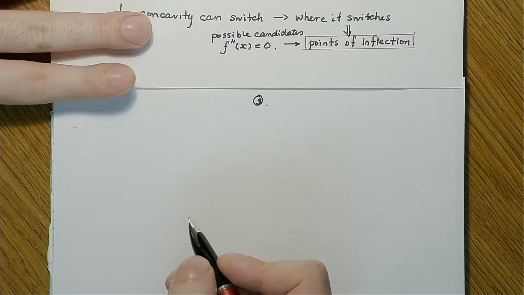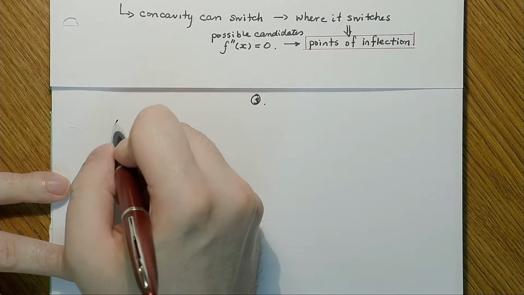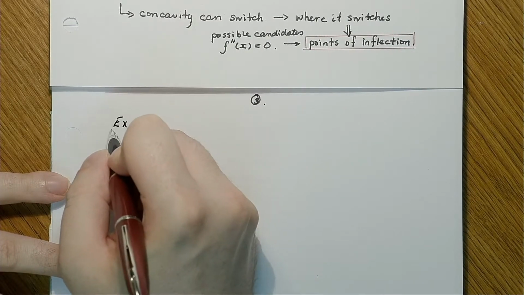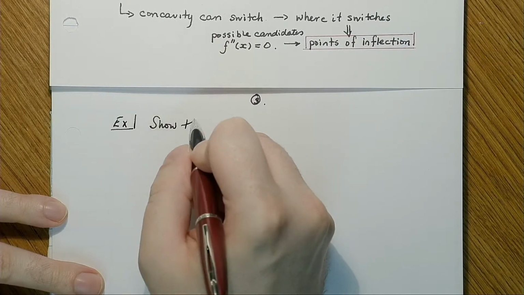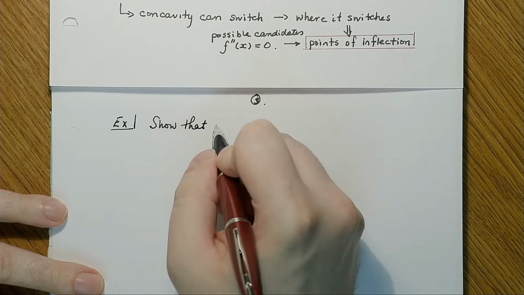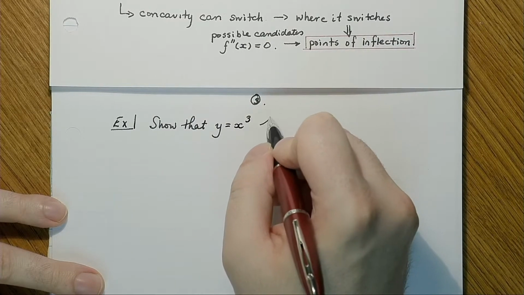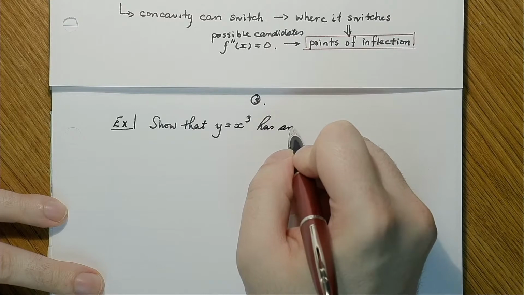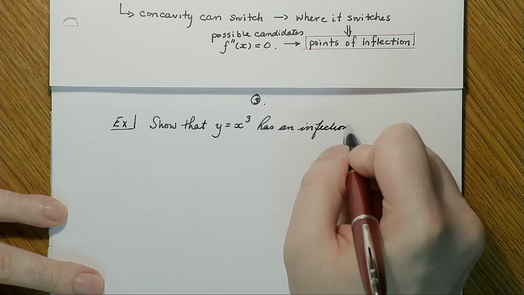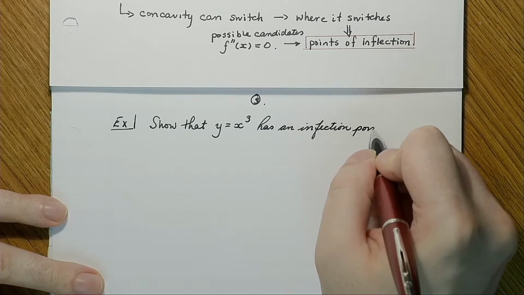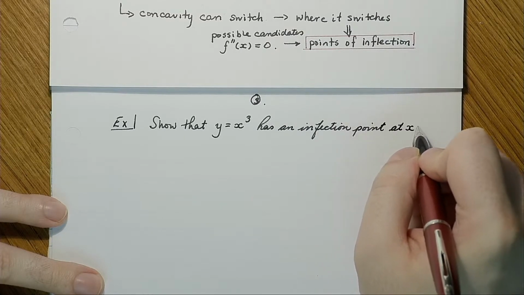So I have points of inflection. Here's an example. Show that y equals x cubed has an inflection point at x equals 0.